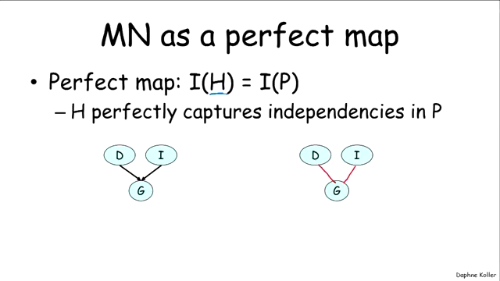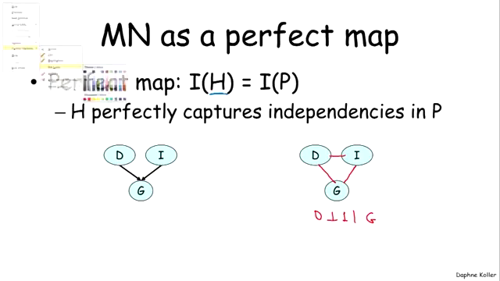But if we choose this as a candidate IMAP, it would imply, among other things, that D is independent of I given G. And that, of course, is exactly wrong, because we know that when we condition on G, D and I become dependent. And so the only IMAP for this distribution is one that has all 3 edges, and that loses the independence that we had over here, which is D is marginally independent of I. So once again, there's no perfect map for this distribution as a Markov network.